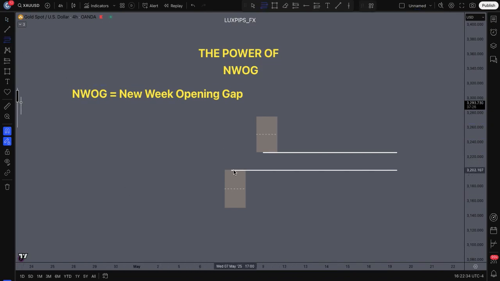Also, I recommend putting a fib on it with the 50% level marked out from the close to the open. 50% of this level is your CE of Enwalk.